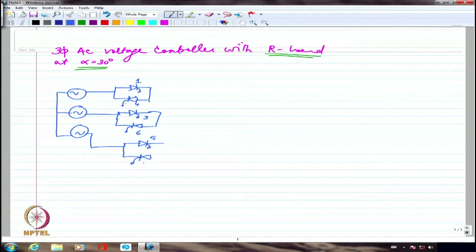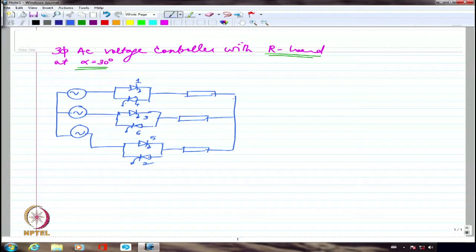And then we are connecting the load here. I have taken a star connected source and star connected load, and the AC voltage controller is just connected in between, right? So if we are looking at this with alpha equal to 30 degrees.